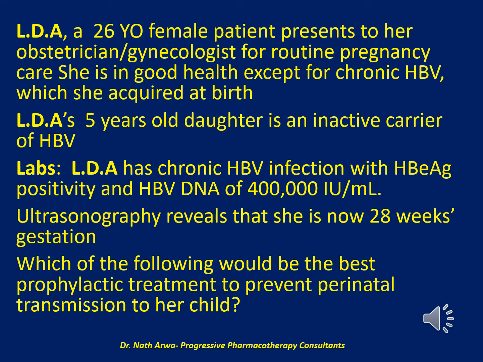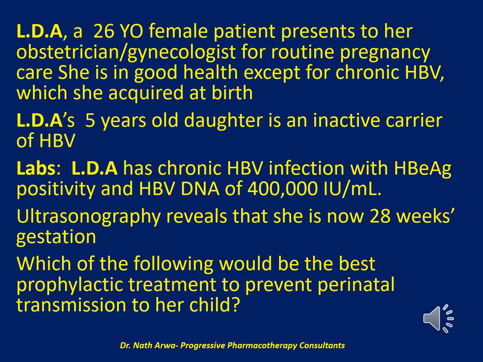And the next question reads, LDA, a 26-year-old female patient, presents to her obstetrician-gynecologist for routine pregnancy care. She is in good health except for chronic HBV, which she acquired at birth. LDA's 5-year-old daughter is an inactive carrier of HBV.